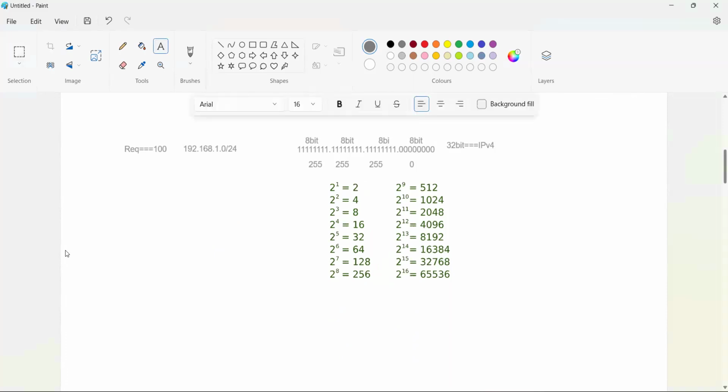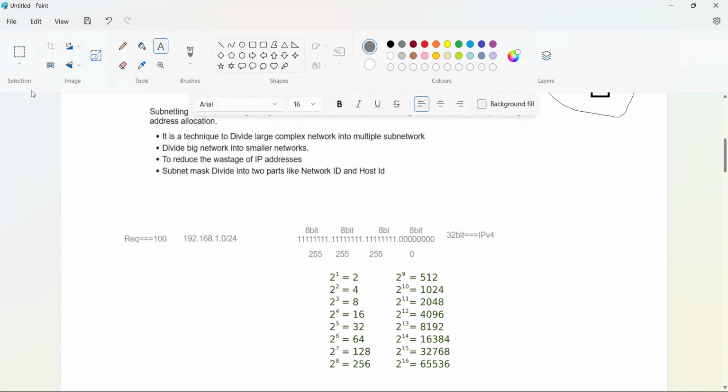Let's assume the range values 1, 2, 3, 4, 5, 6, 7 up to here, with the value 128.